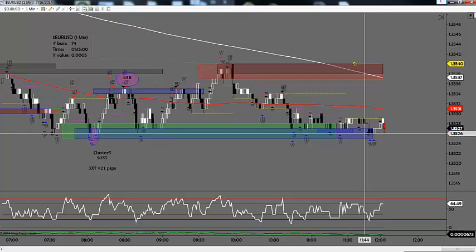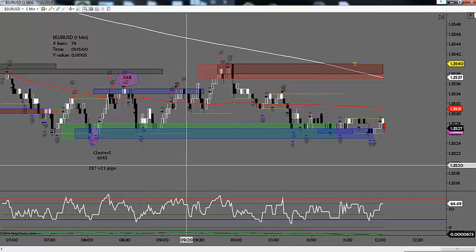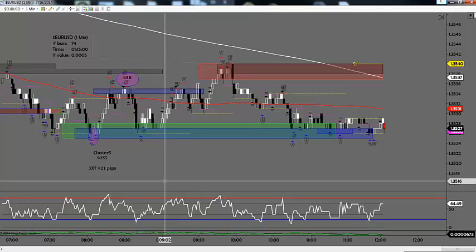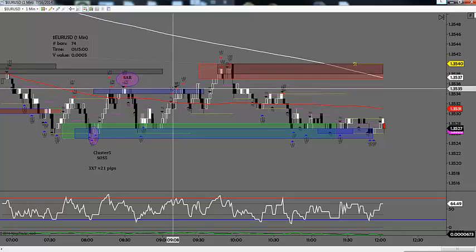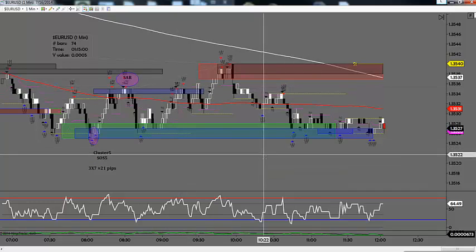So there's a couple of ways to exit a trade like this. If you employ a graceful exit, we've talked about it in the live room, as after an hour, if it has not reached your targets and you're with trend, you would move your stops to break even and let the trade play out as it is.